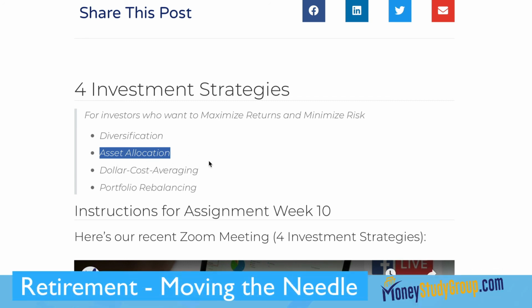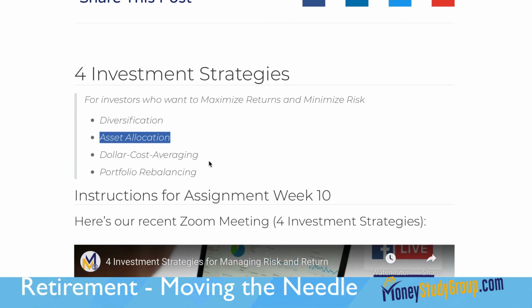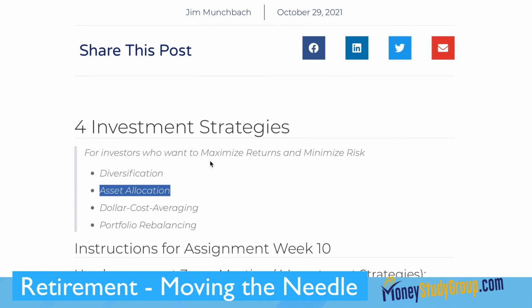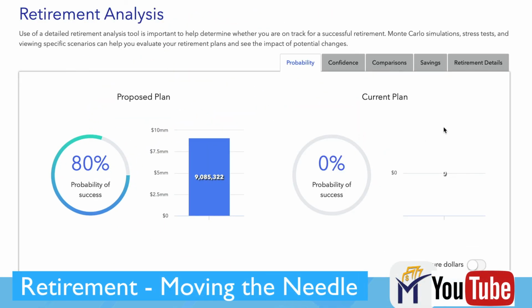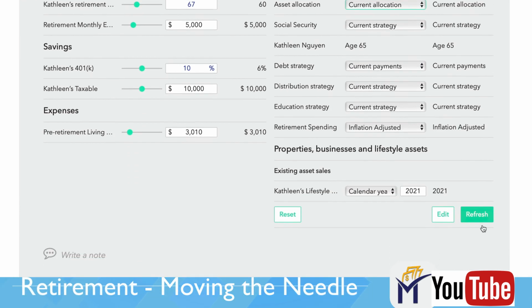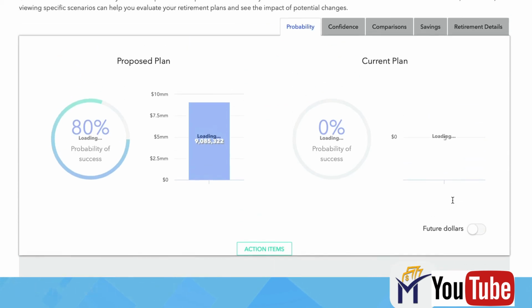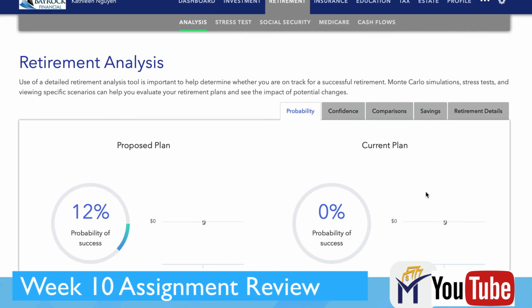It's the single most important strategy that determines the results, the outcome, or the returns in your portfolio. That's why we're focusing on using asset allocation to move the needle on your retirement projections, or your probability of success in your retirement analysis.